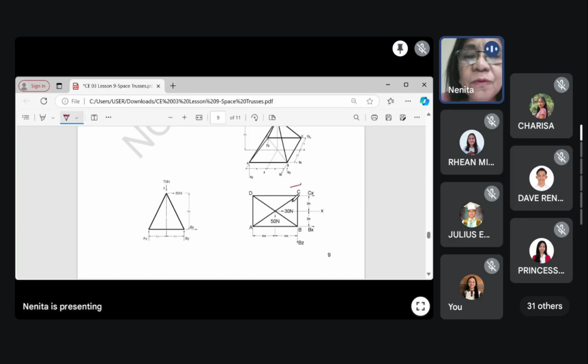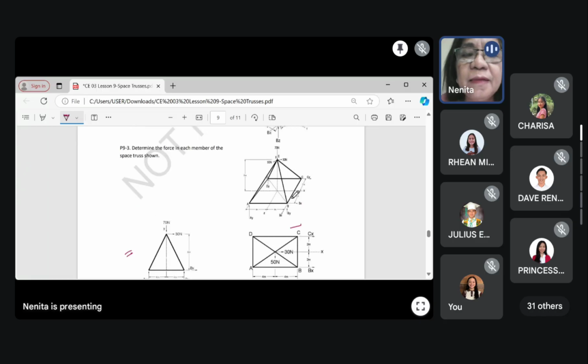So at least, kung kita nyo direct sa top view, madali nyong solve ang problem. This is the elevation, di ba? This is the elevation. Kita nyo diretso ang detail. Ang mga ito, class, ay detailed plan views ng ating space truss.